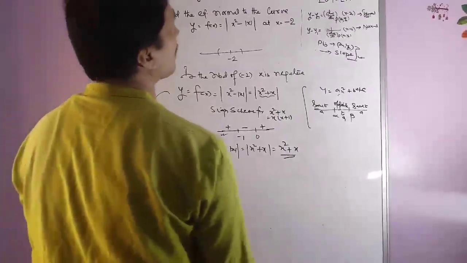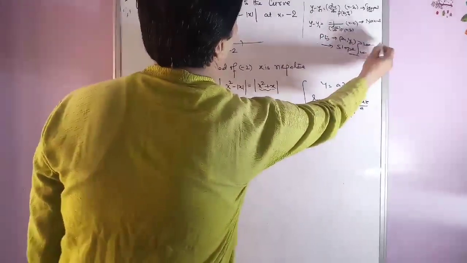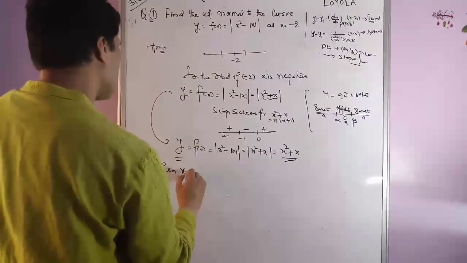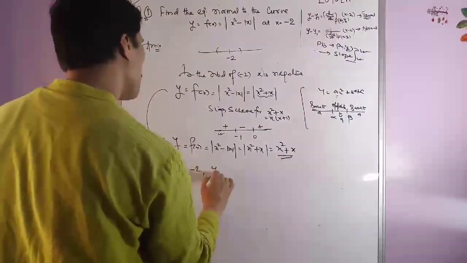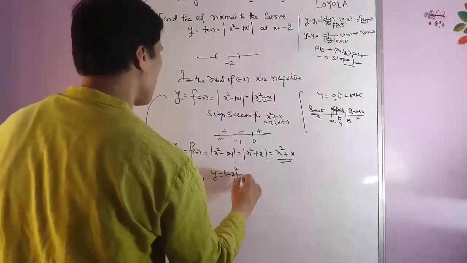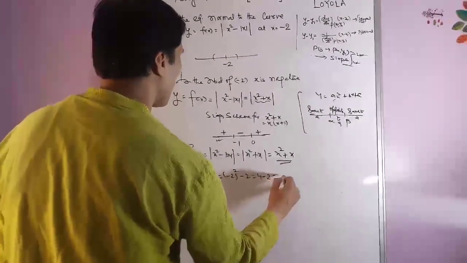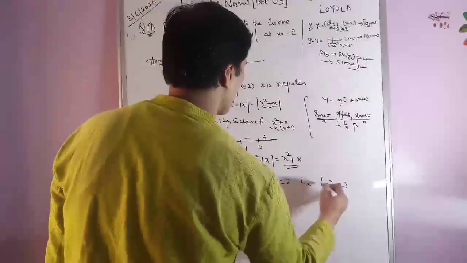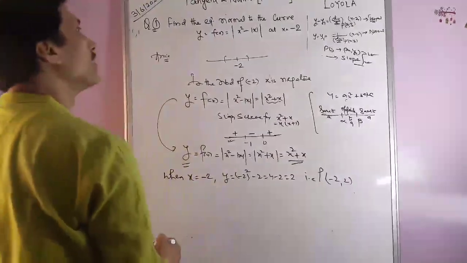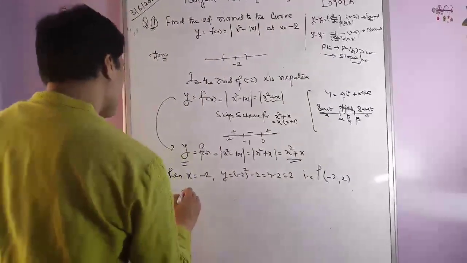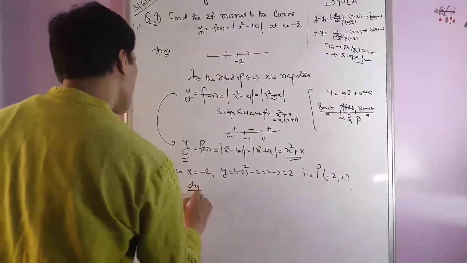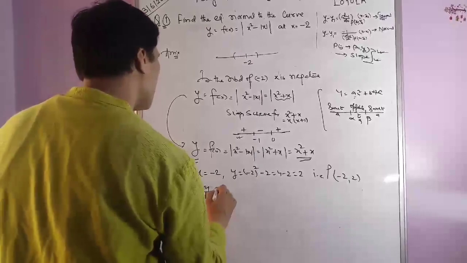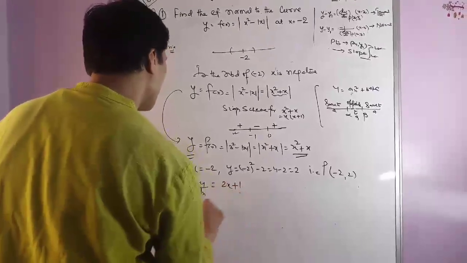First of all, we find point (x1, y1) on the curve. When x equal to minus 2, y equal to (minus 2) whole square minus 2, that is 4 minus 2 equal to 2. That is, we have point P(minus 2, 2). Second, for slope we differentiate the function: dy by dx equal 2x plus 1.